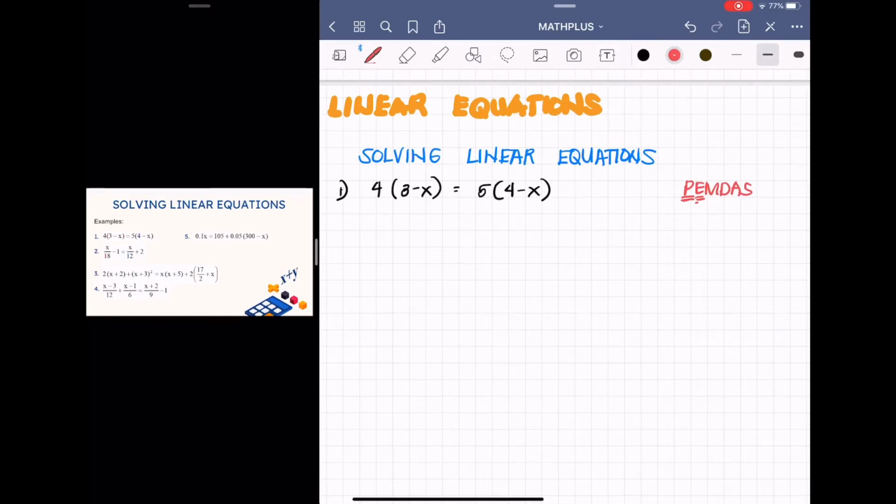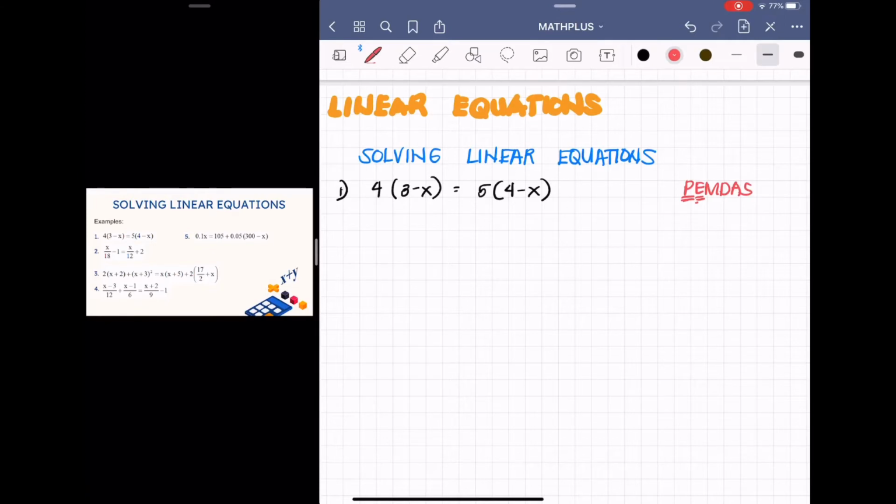Because if we want to move all the unknowns to the left side, we can only do that if we have removed all the parentheses, especially if your unknown or variable x is inside the parentheses. So I have to remove all those parentheses, maybe by the distributive property, or it could be by factoring, and the likes.